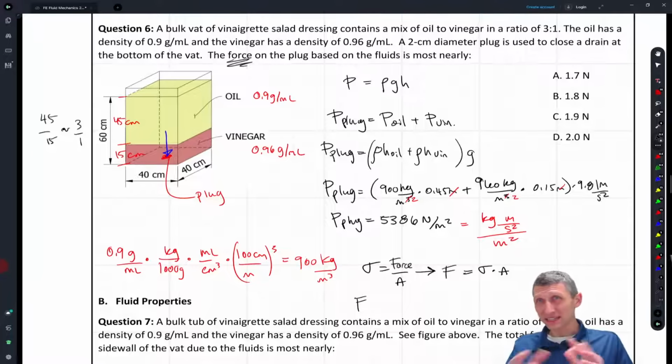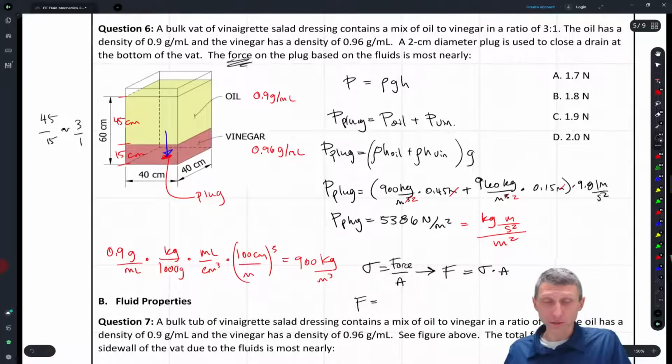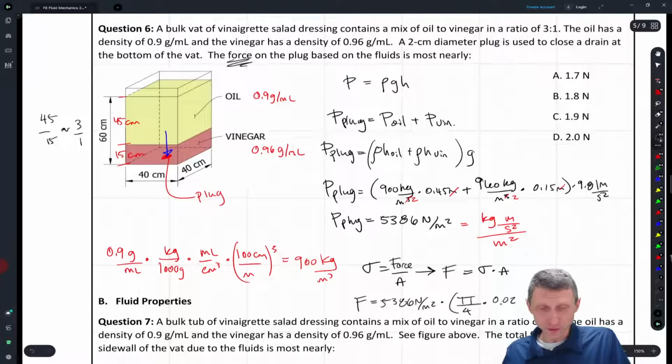So again, those basic kind of static strength of materials questions show up even in fluid mechanics here. So what do we get? We get 5386 newtons per meter squared times what's our area? Pi over 4 times the 2 centimeter diameter plug, so 0.02 meters squared.